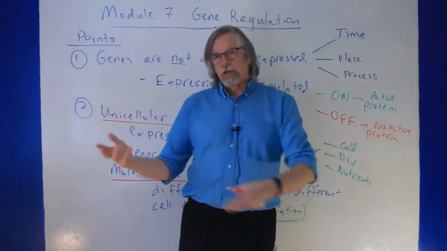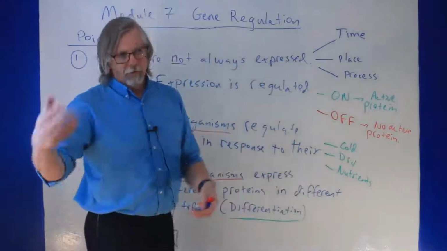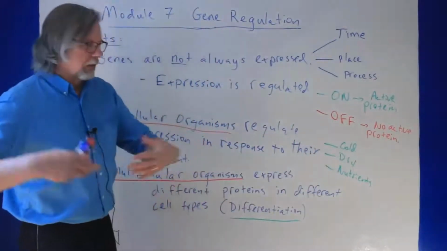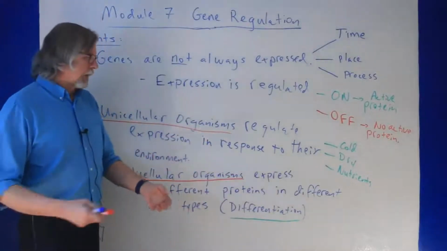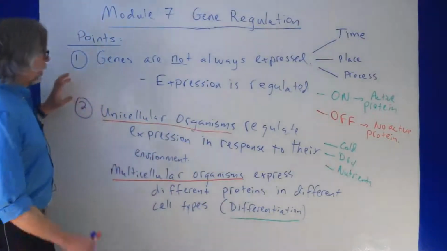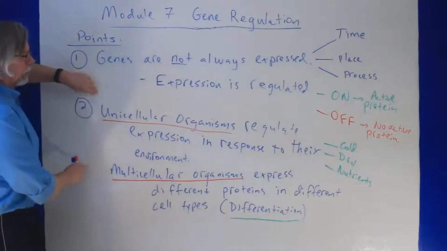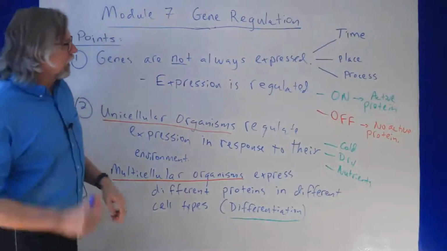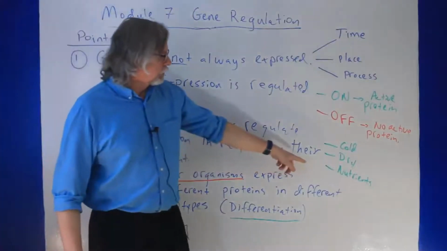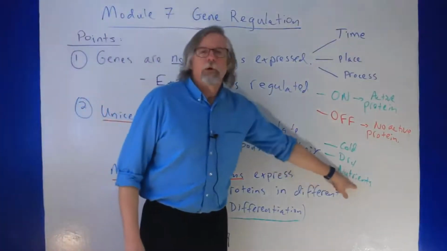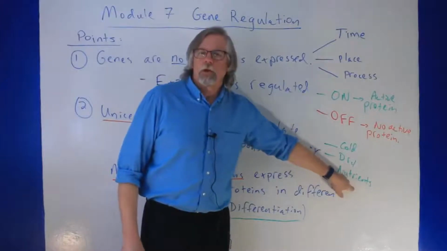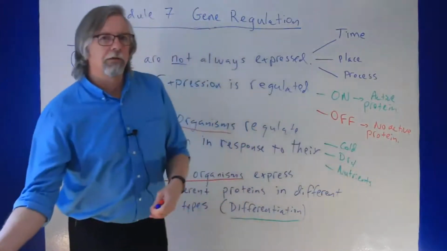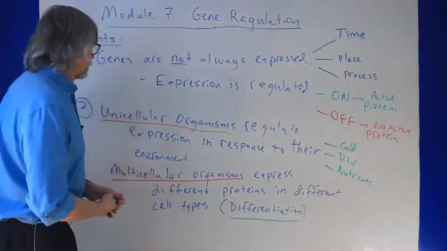In order to take advantage of those conditions, they have to alter how they take things in and how they break them down. So when we talk about gene regulation in prokaryotes, which are mostly unicellular, we're going to be talking about how genes are regulated in response to mostly nutrients. Availability of nutrients, how does gene regulation work?